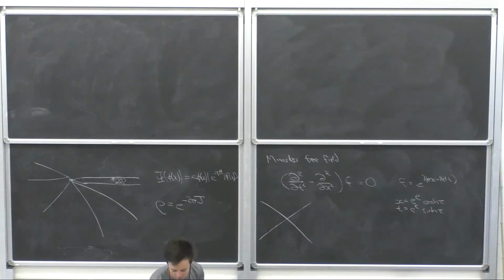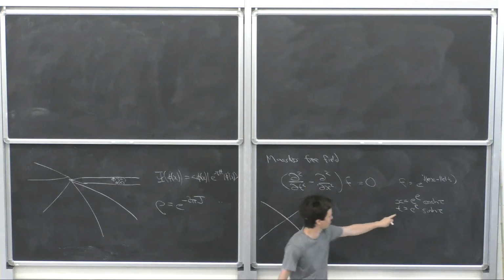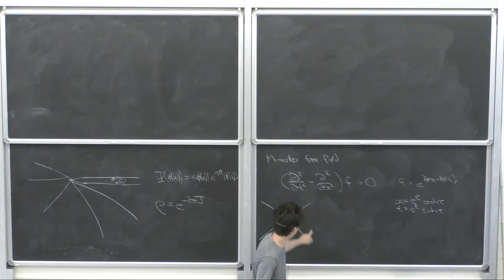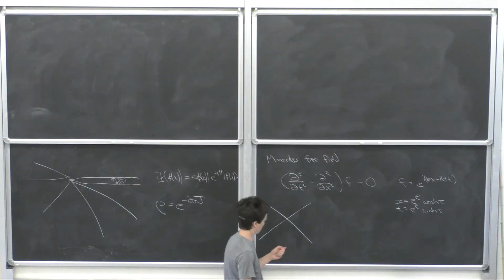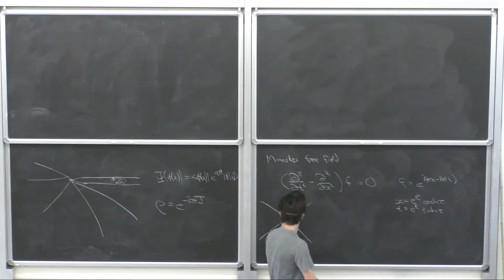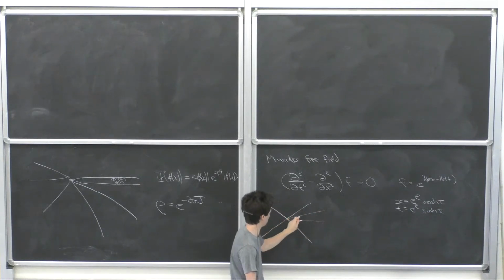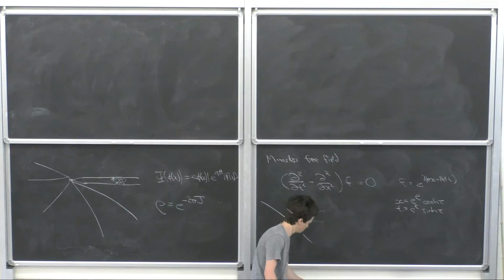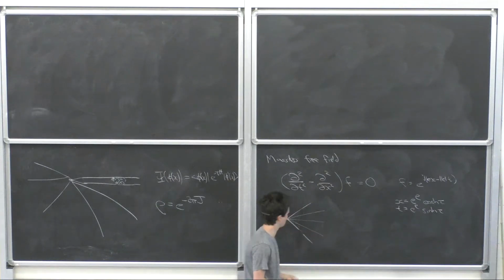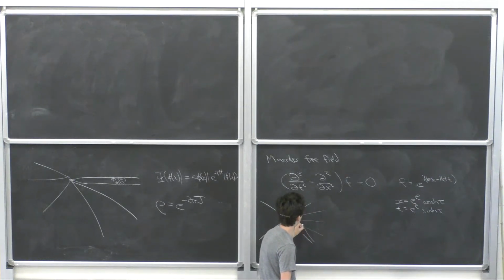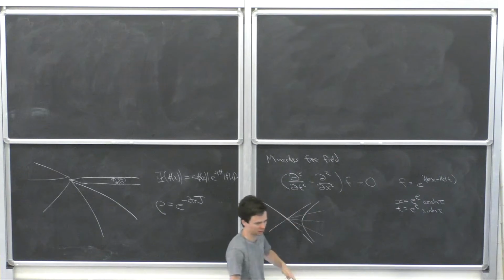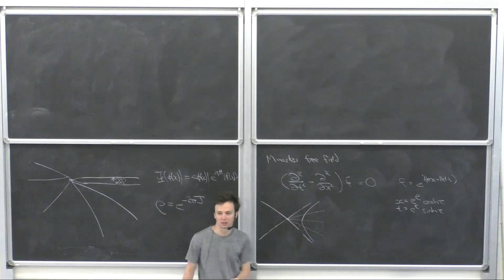These coordinates just describe the Rindler patch, where x is greater than the modulus of t. The lines of constant tau are just lines of constant boost angle. Say this is tau equals 0, this is tau equals 1, this is tau equals minus 1, and so on. Meanwhile, the lines of constant rho are hyperboloids, so they describe an accelerating observer, the action of a point under this boost symmetry.